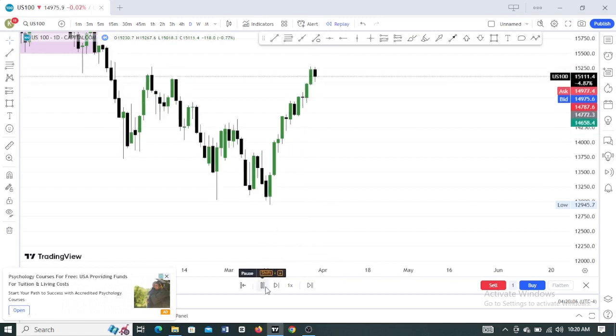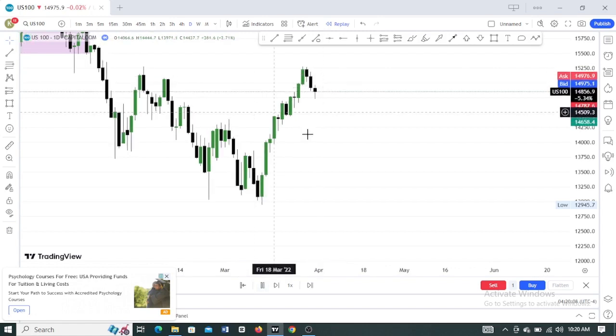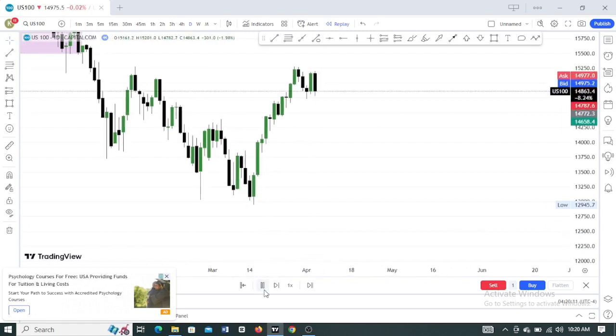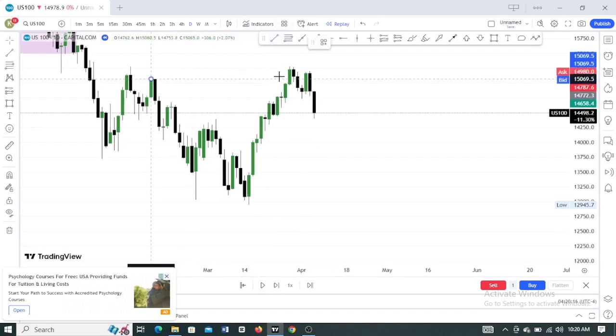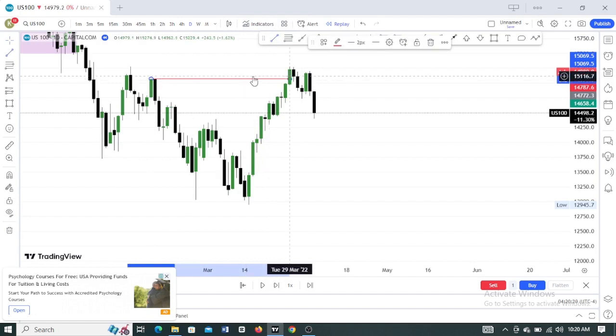The market went up, breaking this high. That means clearing liquidity above this high. There was liquidity above this high.